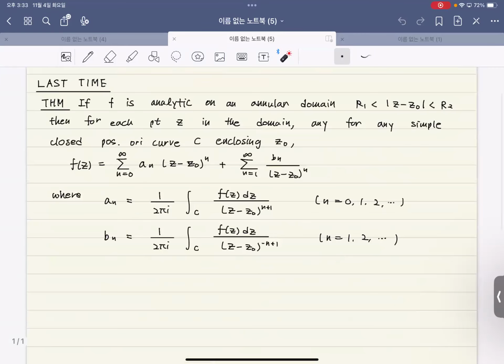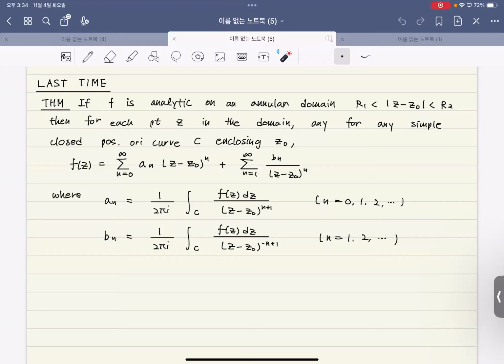Last time we talked about the Laurent series. So what is the Laurent series? Sometimes you have an analytic function, but the domain of your analytic function may not be simply connected. For instance, if your function fails to be analytic at a certain point, in other words, if you have a singular point, then instead of a power series representation, you can have a Laurent series representation of the function.